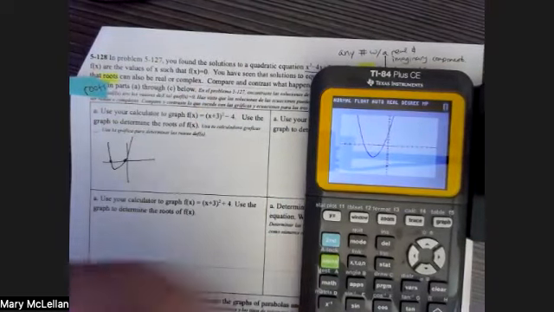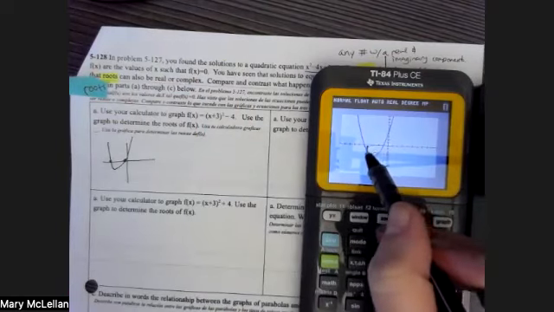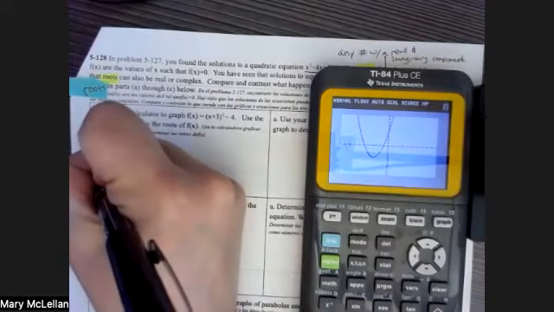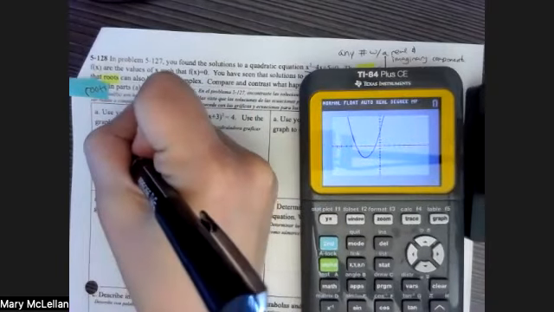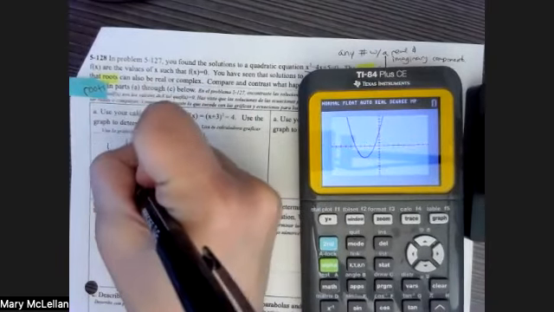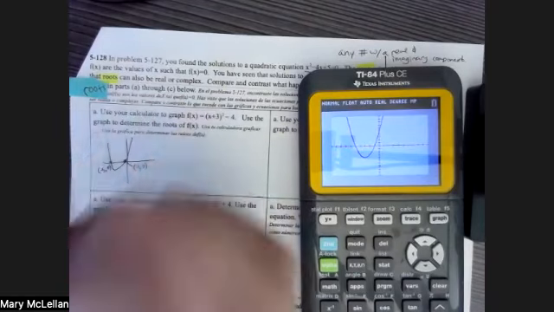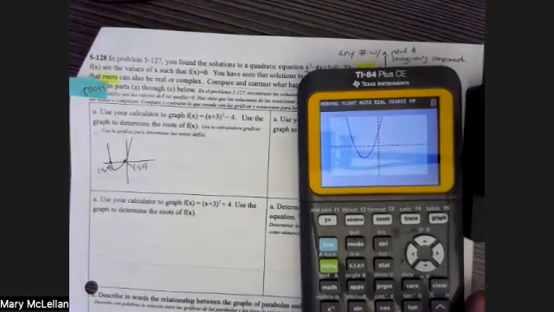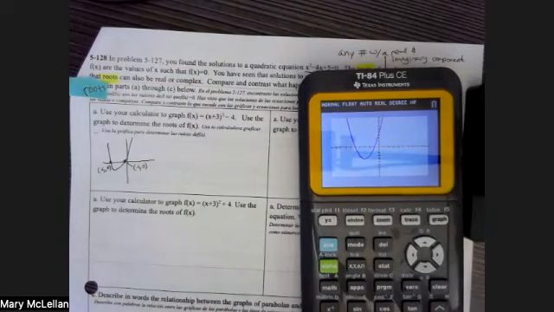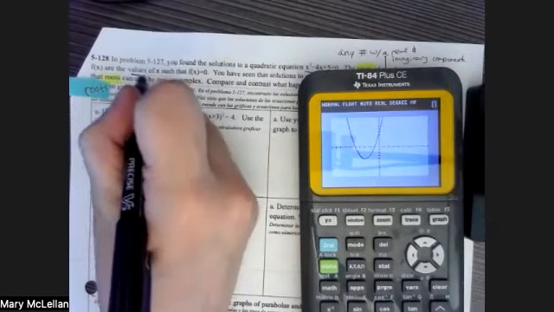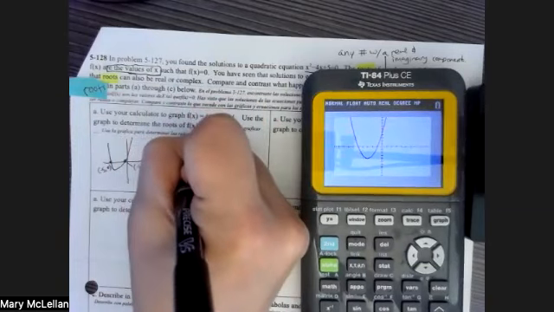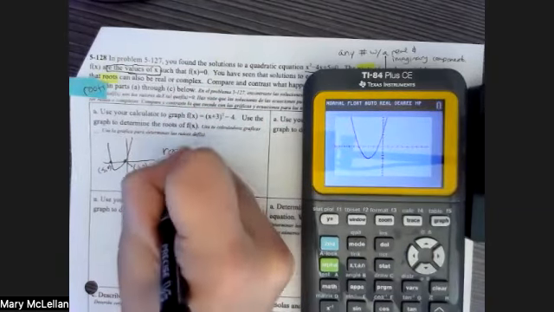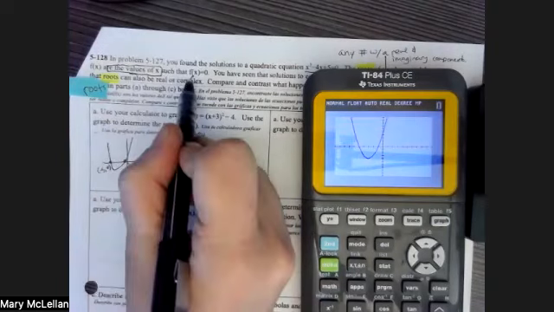This is at 1, 2, 3, 4, 5, -5, 0, and this is at -1, 0. And my roots are the values of x such that f of x equals 0.